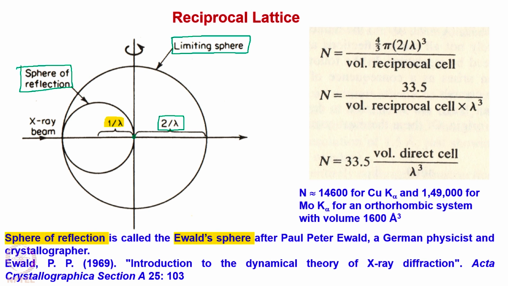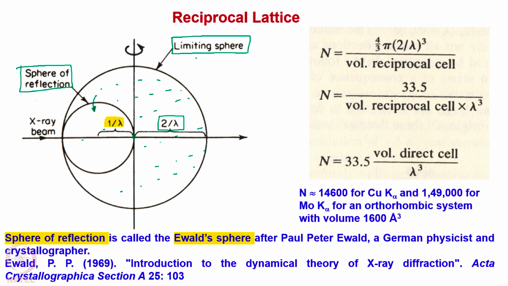What are we trying to understand from here? In the next slide, I will show you a presentation where we will see that all the reciprocal lattice points which are falling within this limiting sphere can be made to pass through the sphere of reflection.